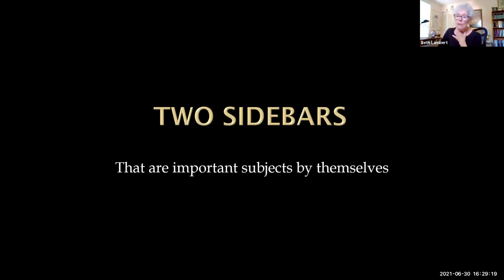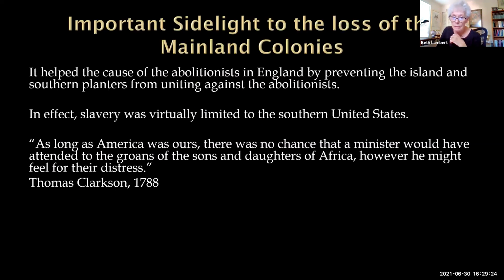And these last two subjects are two sidebars that are important subjects by themselves. When America won the war, it actually helped the cause of the abolitionists in England, because they said if America had become part of the British government with the slave-holding South, they do not think that the abolitionist cause in England would have been as successful as it was.